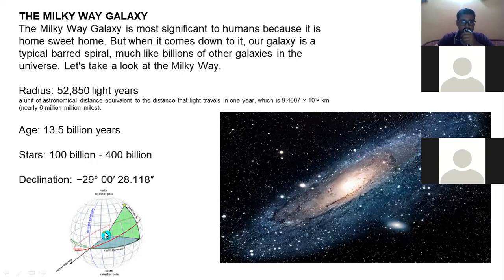For example, on a globe of Earth, as it rotates around its orbit, it completes its first rotation and comes to this point. From this angle to this angle, when it is complete, this is called its declination angle.